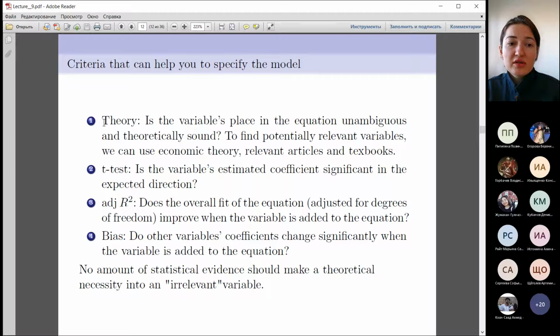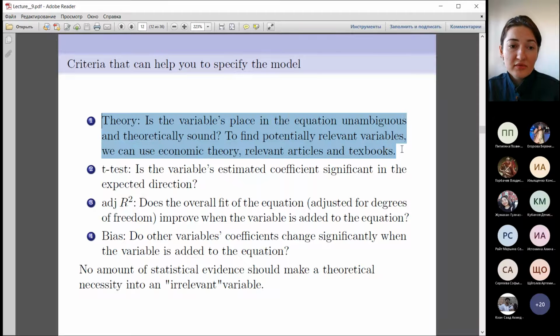But of course, the main point here is the first one. Theory is our basis.